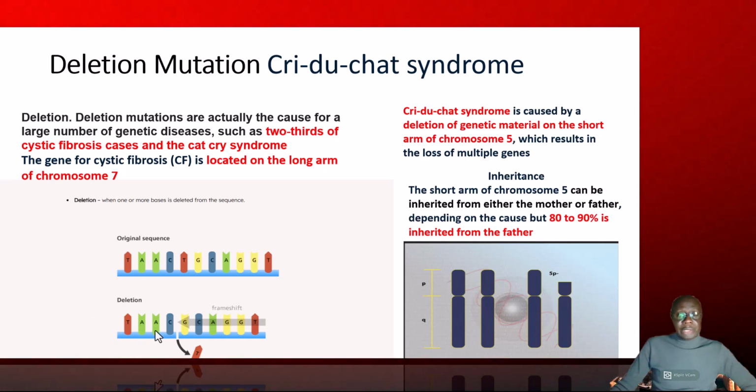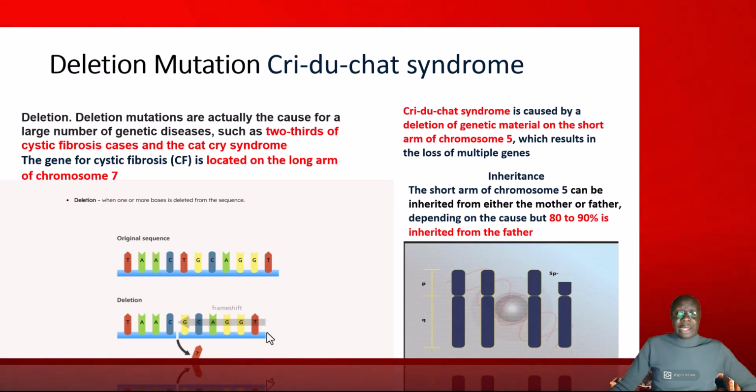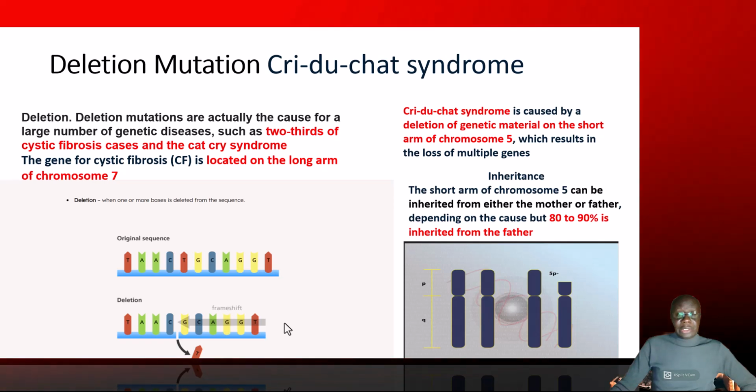TAA will be one codon, and it should have been C, T, and G to make another codon. But because the T is out of it, then you have C, G, and it will take the C. So it will shift the frame to the left. And that is how a base pair will be missing at the end, because there is one missing here, and that will create the gibberish that we have just looked at in that sentence in the last picture.